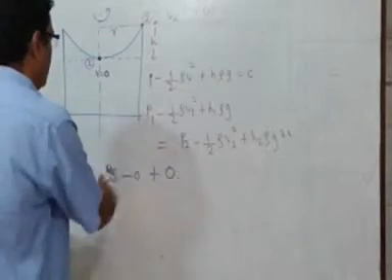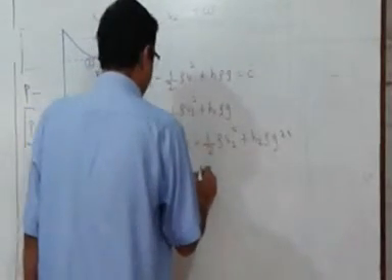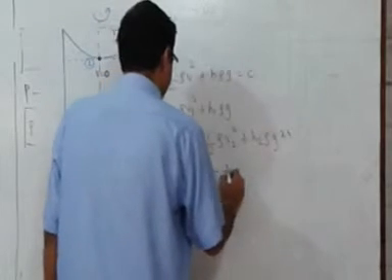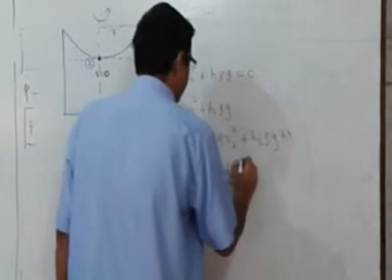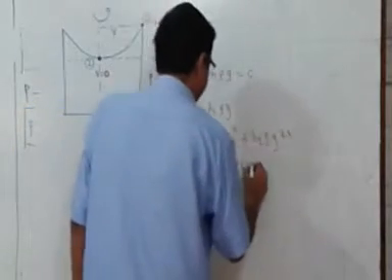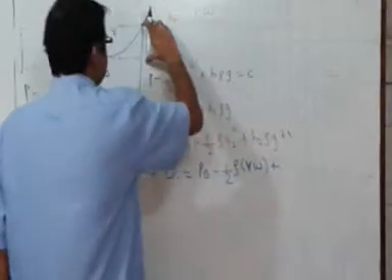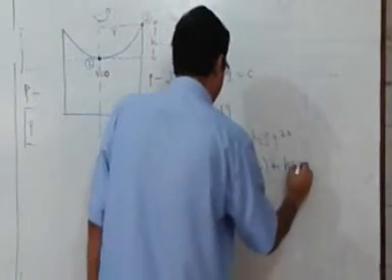So what we get is all the 0 terms. P2 is also atmospheric, minus half rho V2 square, where V is R omega, plus H2, which we have taken as H, plus H rho G.